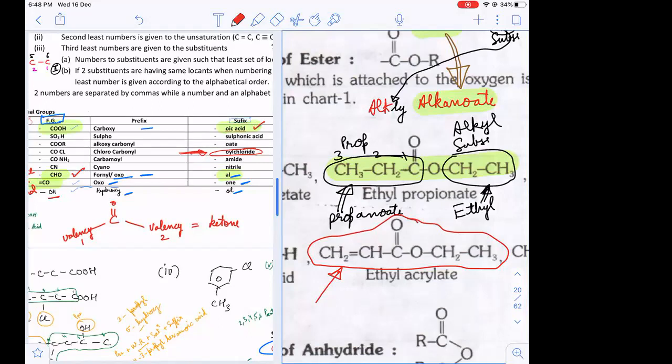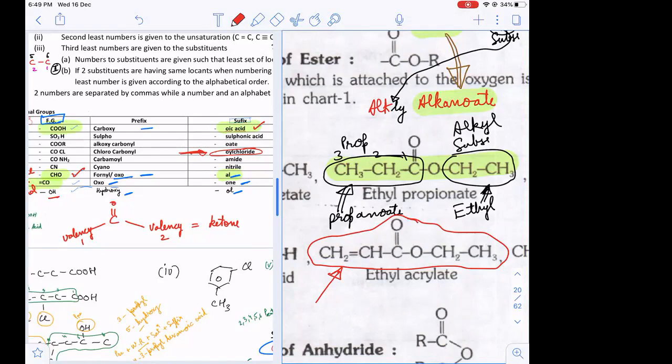Okay, please identify. Come on, identify the functional group. Very simple. I have highlighted the compound, outlined the compound. Please tell me. The ester. Yes, it is the ester. That is correct.